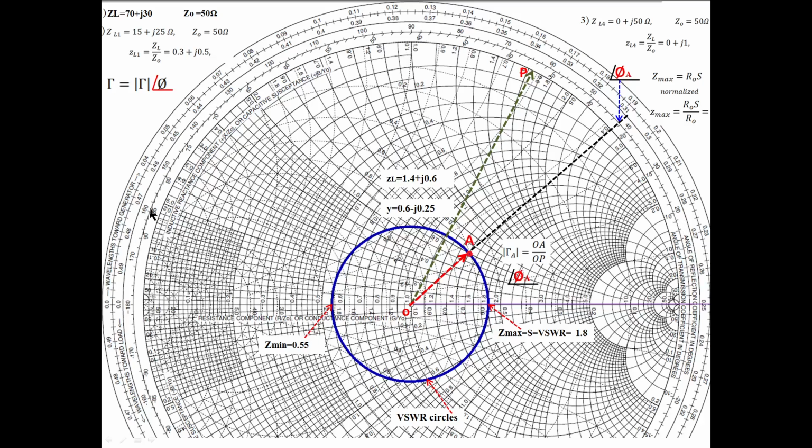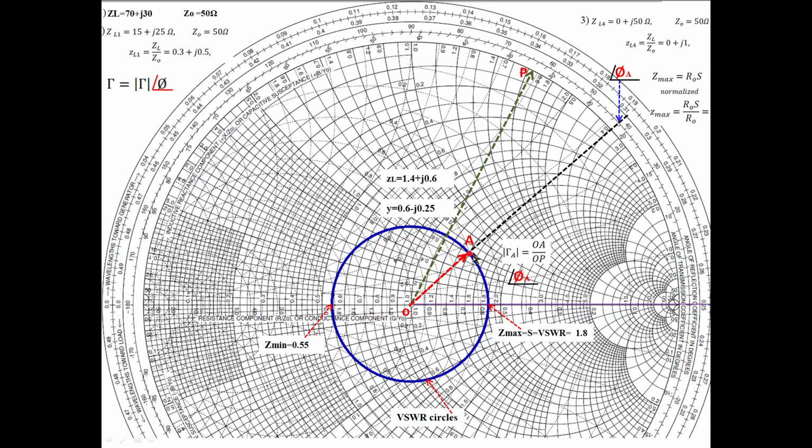You come like this, this goes up to 180. Whenever you come to this side, it will be 180 degrees. This is the angle of reflection coefficient. If you move above like this, it increases starting from 0, 10, 20, 30, like that. That is the angle of reflection coefficient we can measure from this scale.